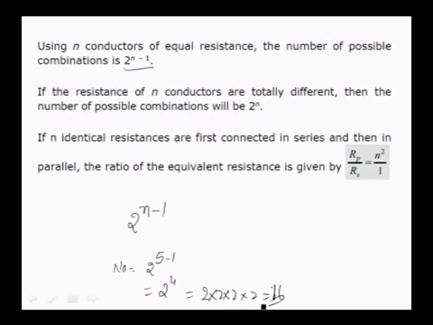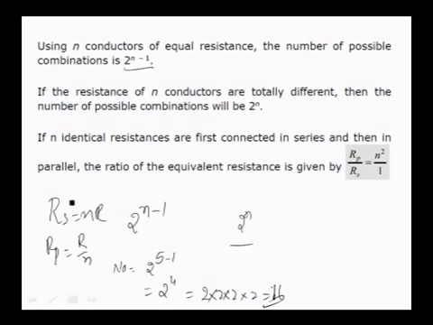If the n resistors are totally different, that is, not identical, then the number of combinations is equal to 2 power n. Now, n identical resistors are first connected in series, then connected in parallel, and the effective resistances are given by: in series, Rs is equal to nR, and in parallel, Rp is R by n.